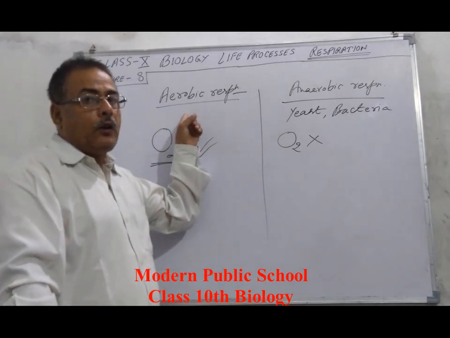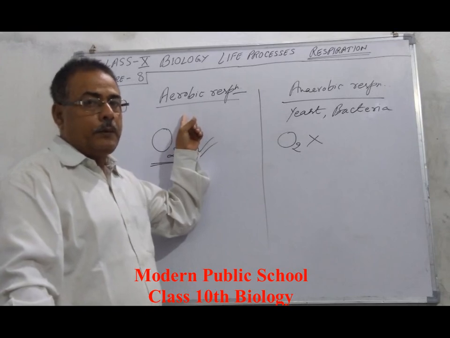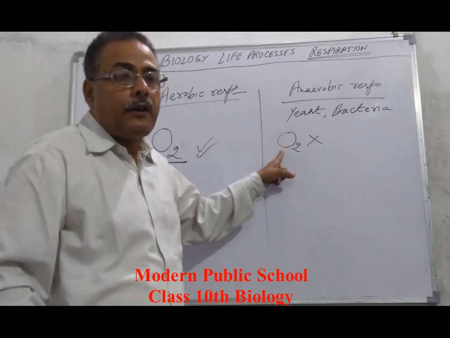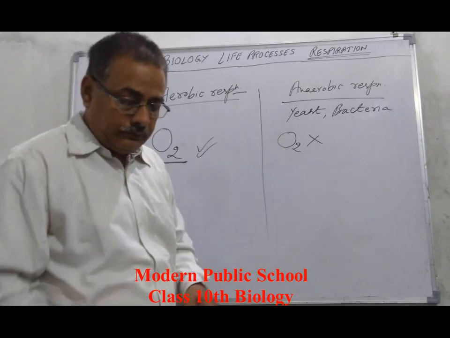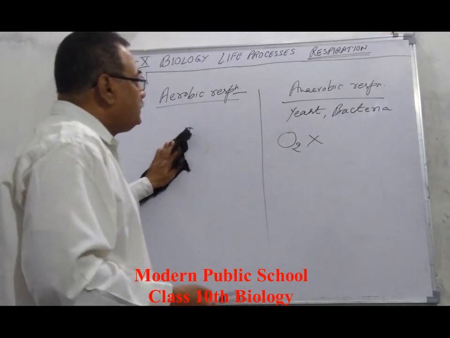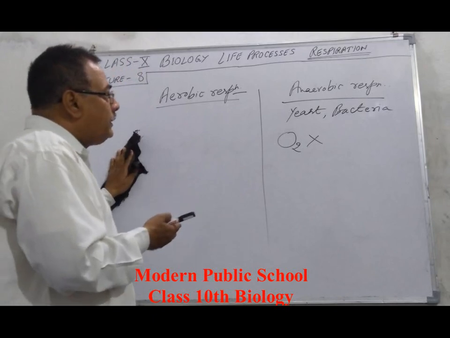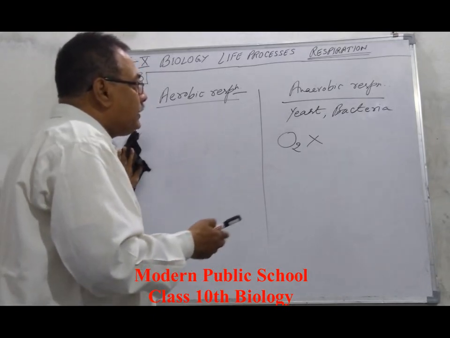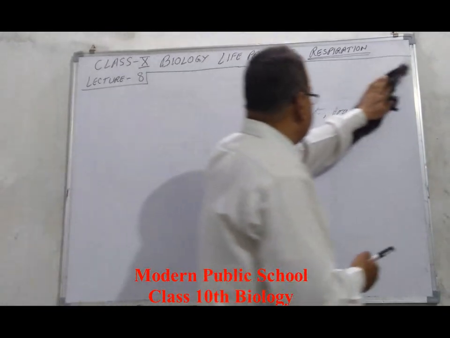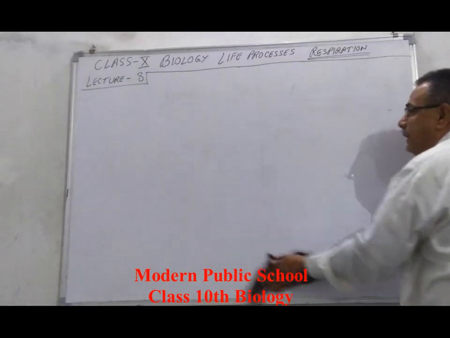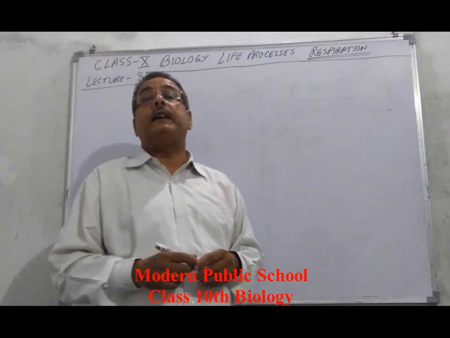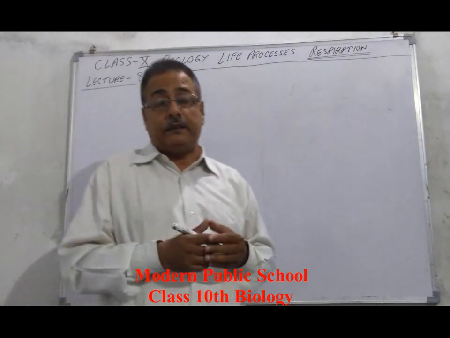In aerobic respiration, complete breakdown of glucose takes place, but in anaerobic respiration, partial breakdown of glucose takes place. And that's why the energy produced during aerobic respiration is a lot greater than that of anaerobic respiration. Aerobic respiration में एनर्जी का प्रोडक्शन बहुत ज़्यादा होता है, anaerobic respiration में एनर्जी का प्रोडक्शन कम होता है.